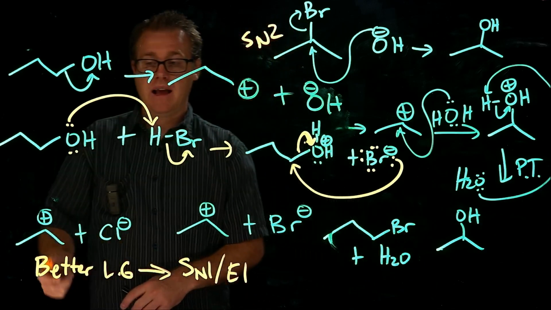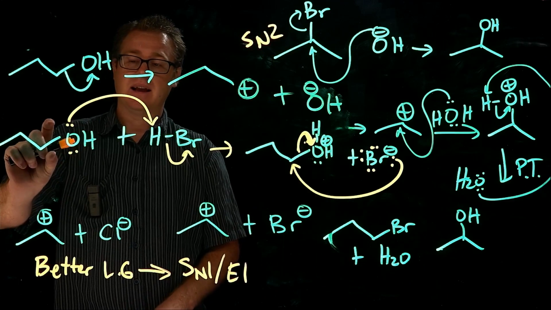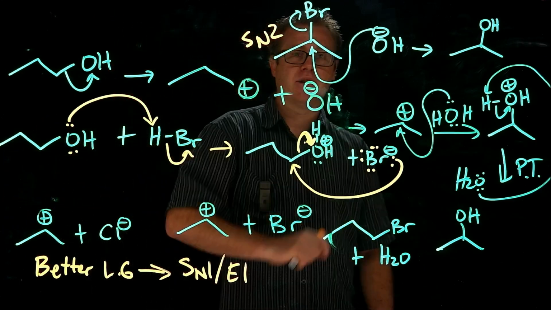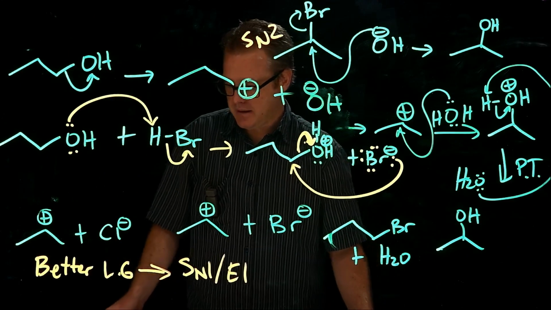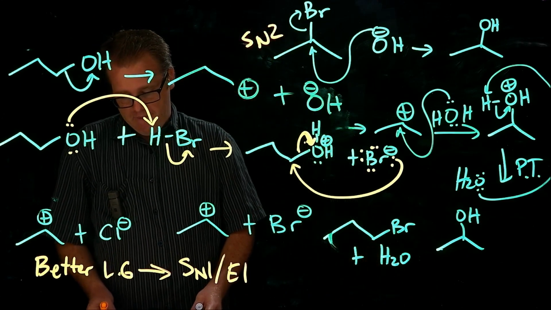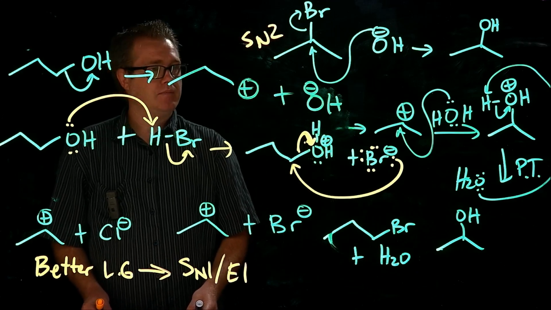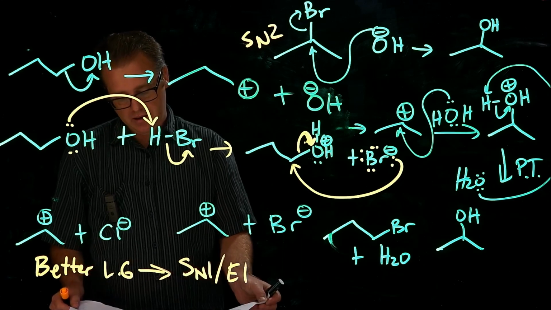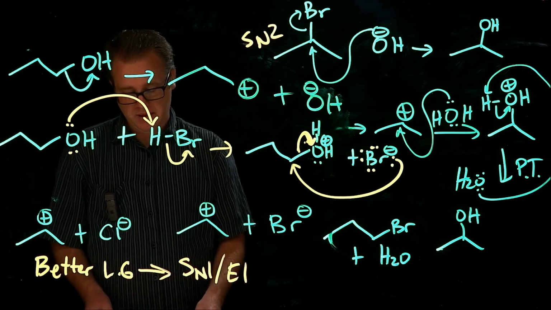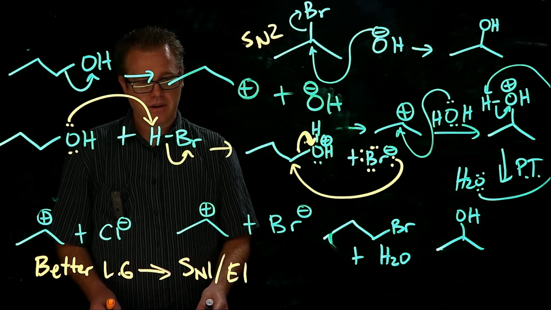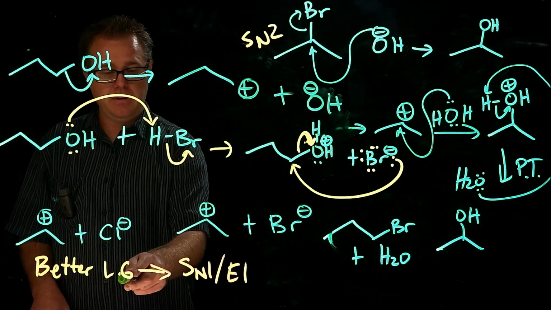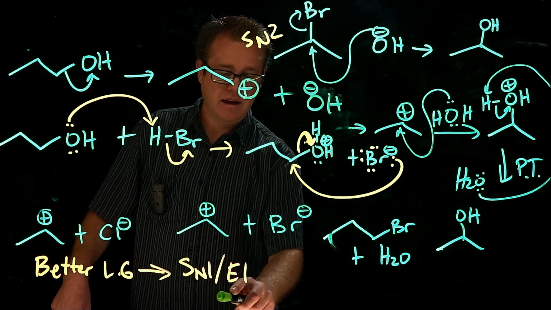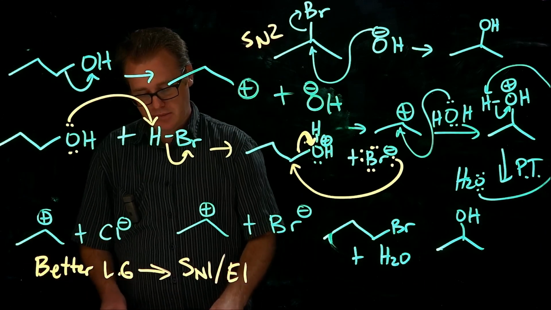And you would answer your own question by saying, you take an alcohol and treat it with a strong acid, and you get your alkyl halide. Okay, so that is factor 3, leaving group ability. And if you can remember, the leaving groups affect SN1 and E1 better.